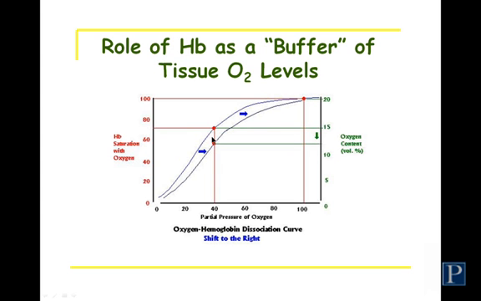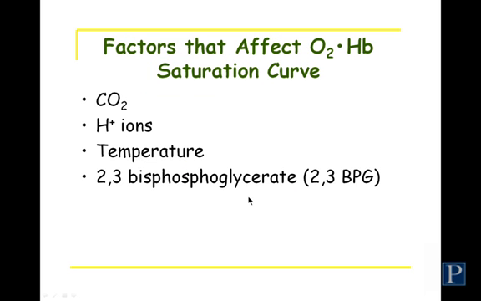So what type of things can cause the hemoglobin molecule to unload more oxygen? It was due to some sort of shape change within the hemoglobin molecule. Exercise is the number one, greatest example for this. During exercise, carbon dioxide levels go up.